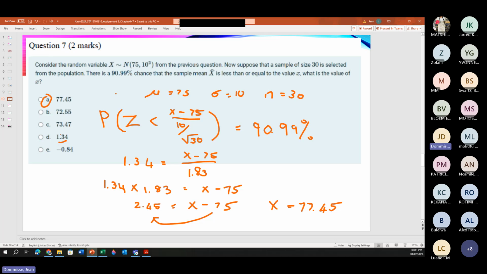If you have not included the Z and you said 75 minus 1.83, then there's a number close to it for you. If you said 75 minus 2.45, there's also an answer for you.